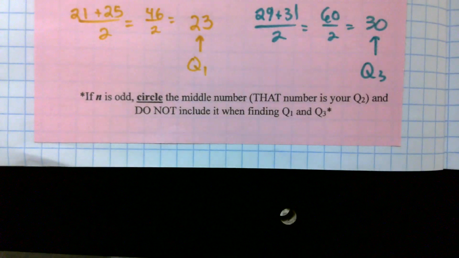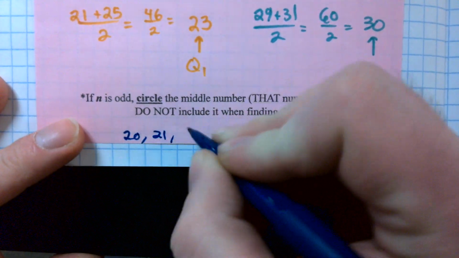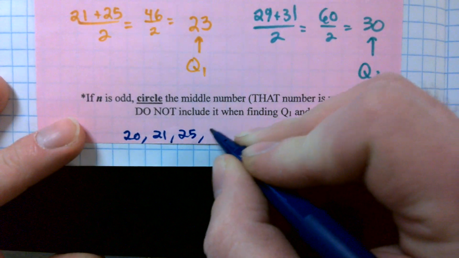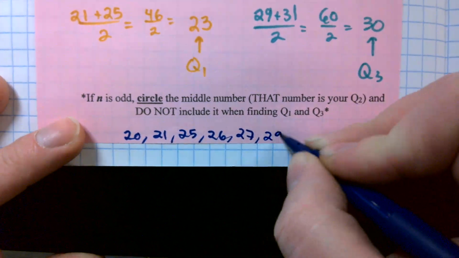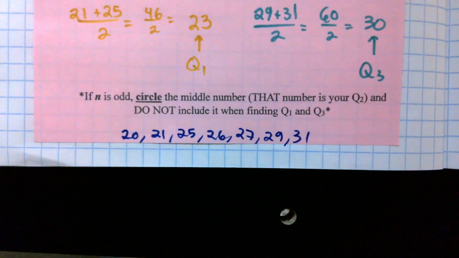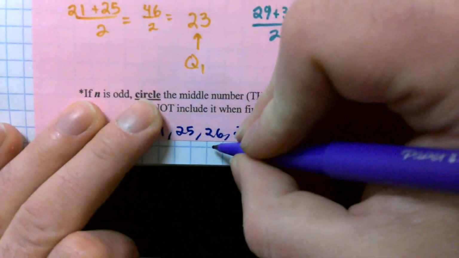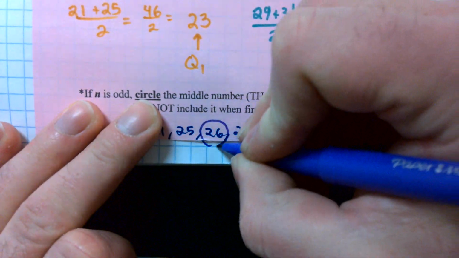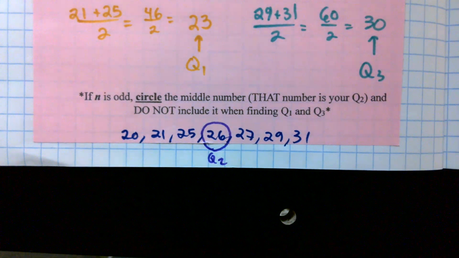So here, actually, let's just real quick, let's write this. Let's say I have the same data set just without the last value. So my median would be this 26 right in the middle. That's my Q2.